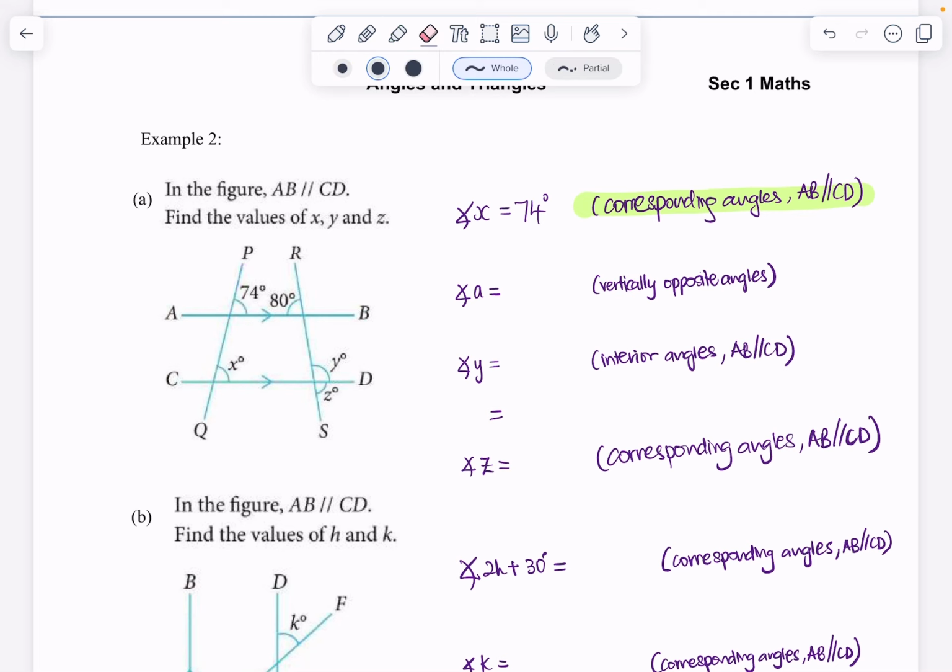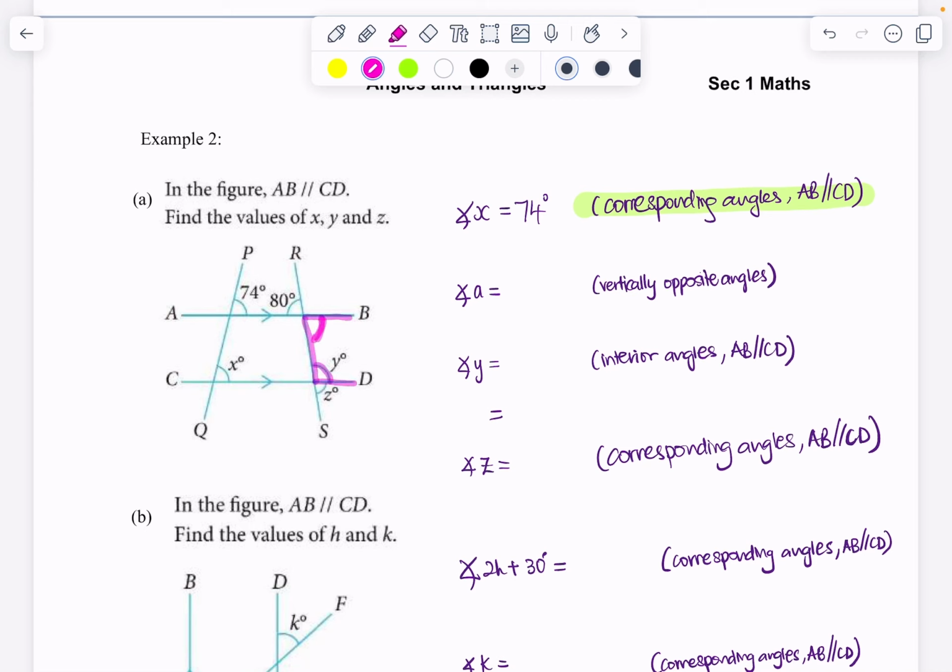Now let us take a look at the other transversal that's given, because angle Y is actually touching the other transversal RS. So let us focus on RS now. Which angles will we be able to find, or what are the deductions we can make based on the transversal RS? For example, alternate angles. If I knew this angle, I'll be able to find angle Y. Alternatively, interior angles.